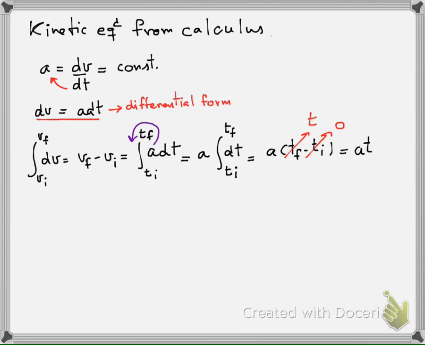Okay, so we have that vf minus vi is equal to at.